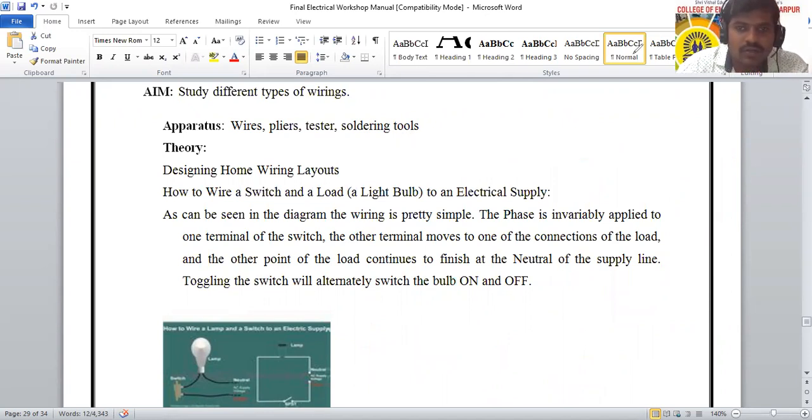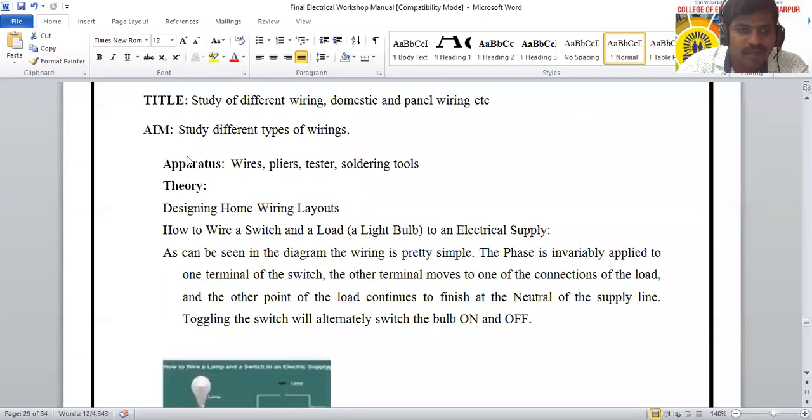Okay, so these are the different types of wiring. Simple study of different types of wiring. So simple wiring is like controlling one lamp, or one load, by using one switch. Controlling one load by applying two switches is also called staircase type of wiring. If you are connecting two switches in parallel, then how can it operate?